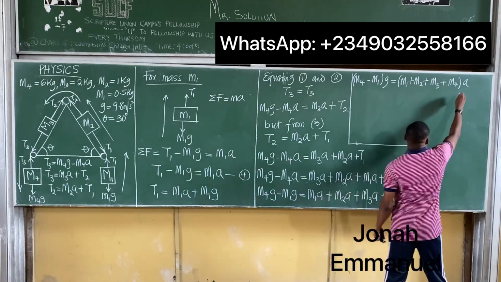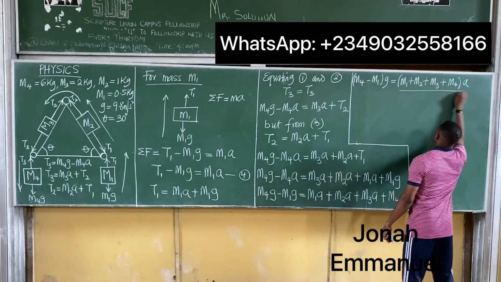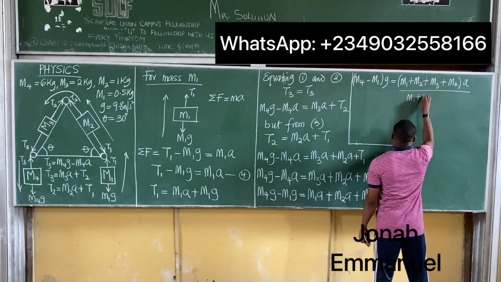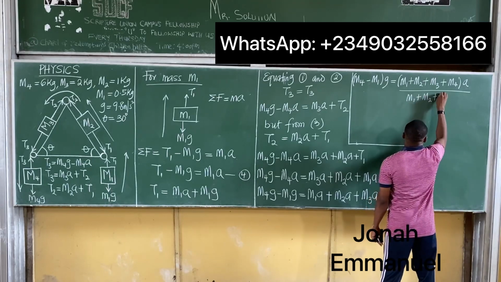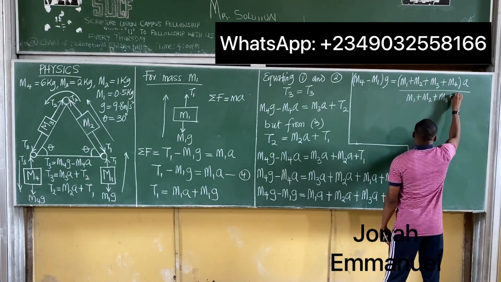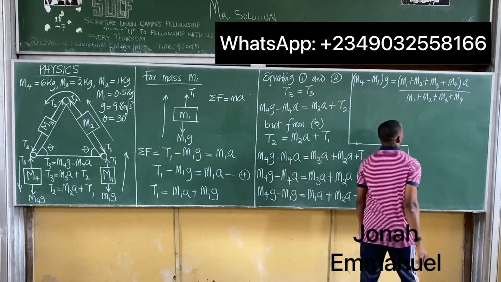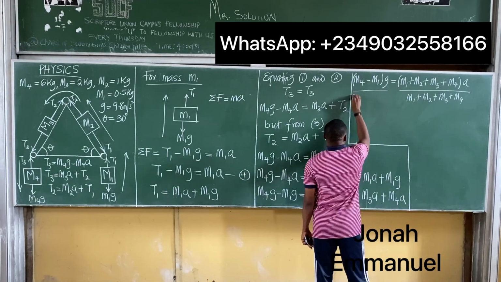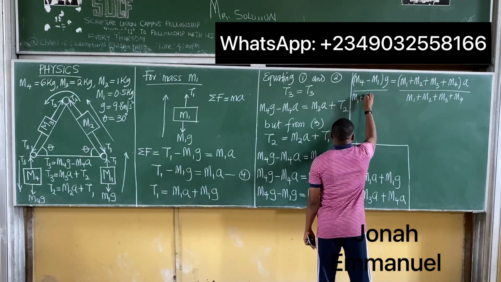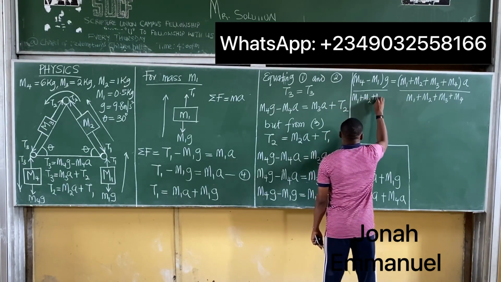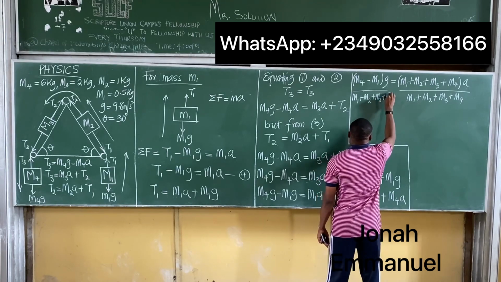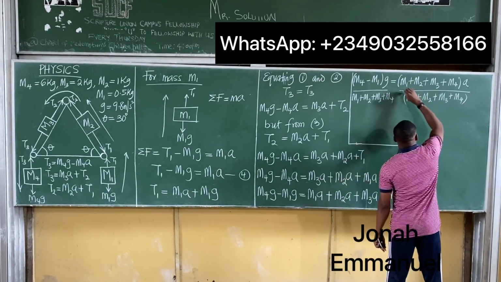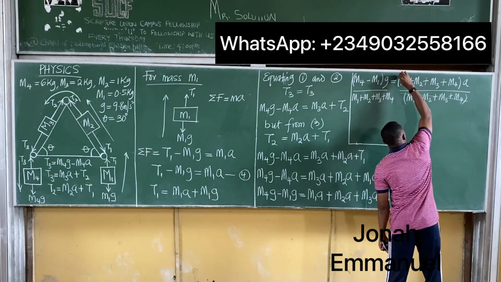To get A, I'll simply have to divide this one here by this one attached to it. That's M1 plus M2 plus M3 plus M4. Same thing here. Divide here too by the same value, M1 plus M2 plus M3 plus M4. From here, we can have that this will cancel all of this.